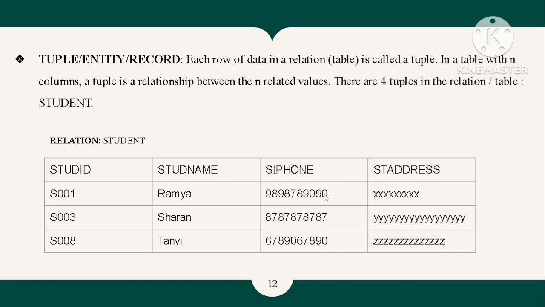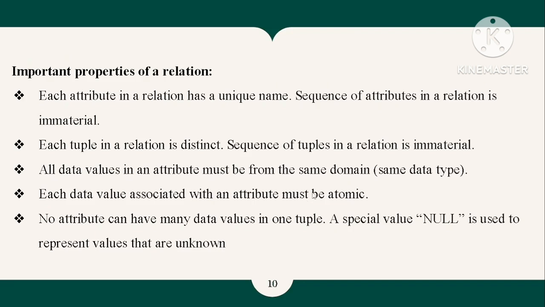If you write the phone number in integers, it should be integers for all the values. Suppose you have age as 14. Then you should have 14, 15, 16 as integers. You cannot write fourteen in words. So the domain should be numbers. If it is number, it should be number for all the records, right? So it should be from the same domain.